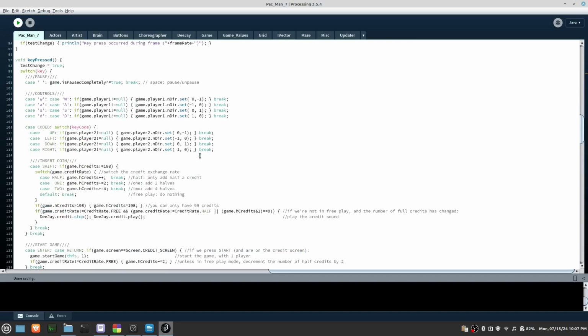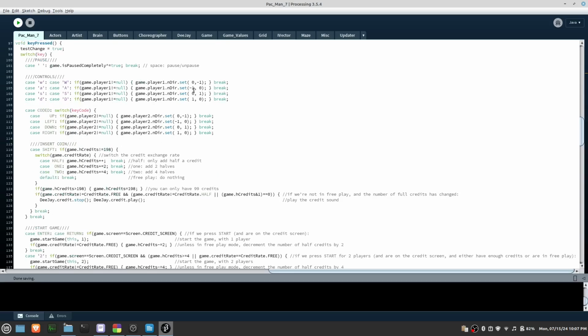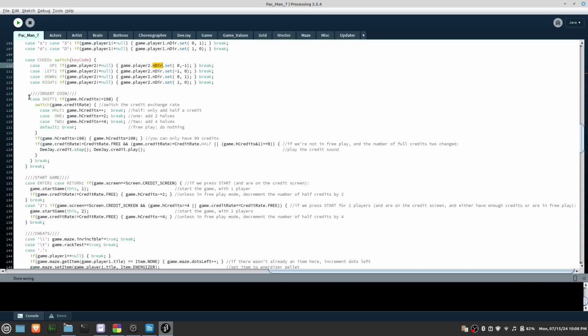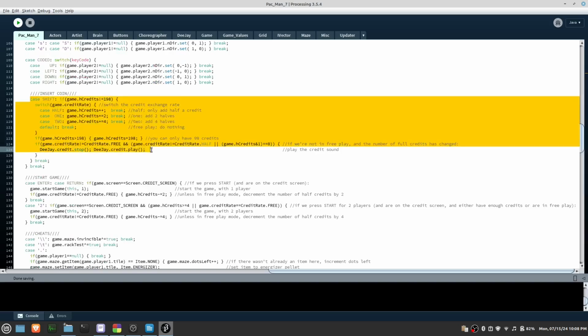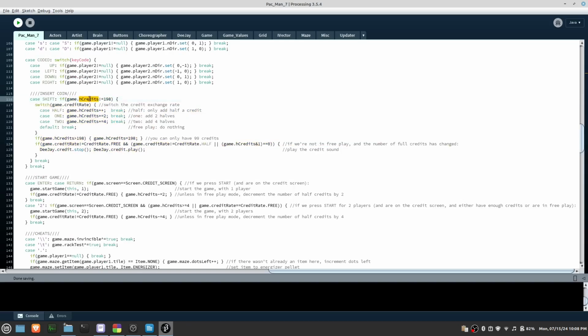Anyways. Oh, and then we have the key pressed, where we map each key, so WASD or up, down, left, right tells the player to have a new direction. Shift inserts coins. We don't measure credits, we measure half credits, because if you have 2 coins equals 1 credit, then you have to press shift twice.